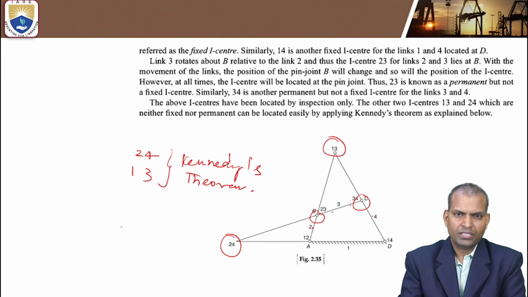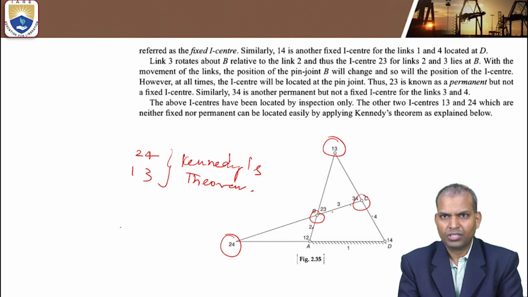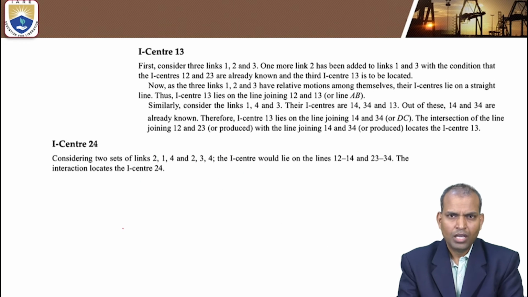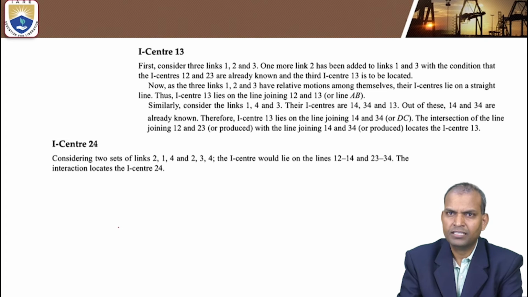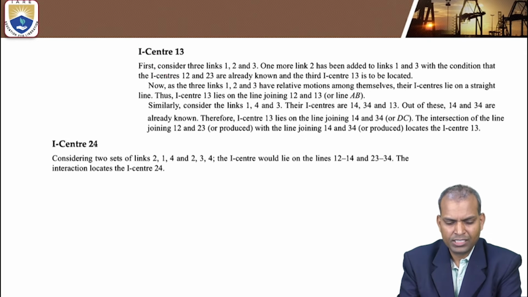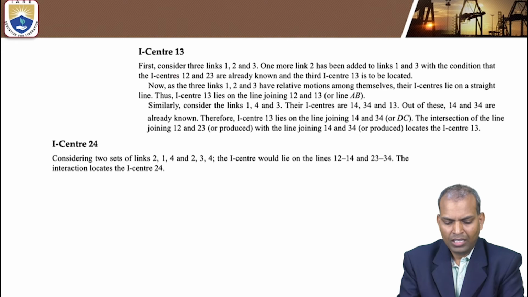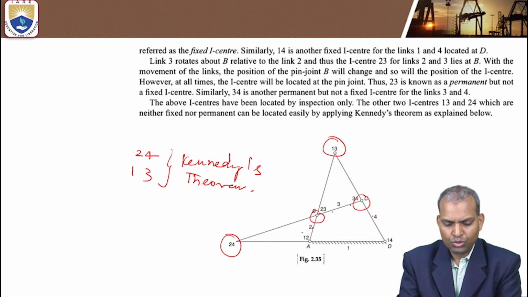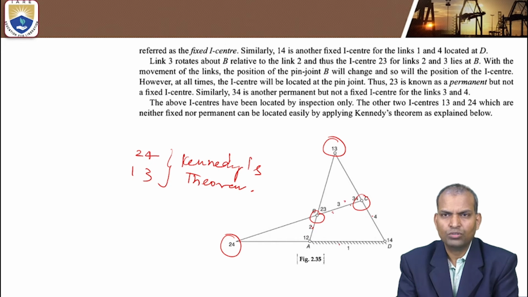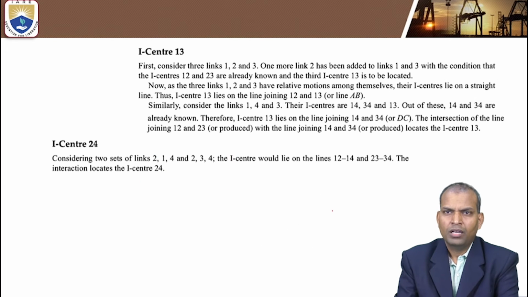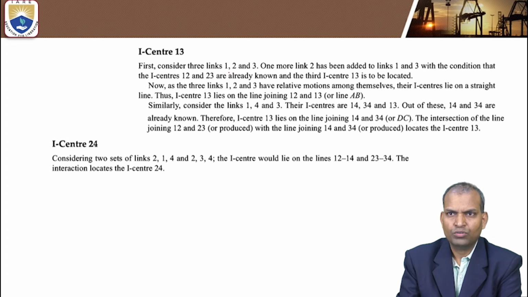So there are various methods. What are the methods? How have we located instantaneous center 1, 3? First, by using Kennedy's theorem. First, consider 3 links, links 1 to 3.